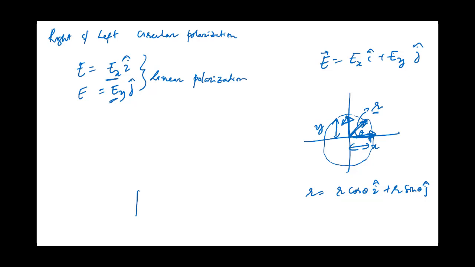And as the particle is going around in a circle, the net x component and the net y component change, they go up and down, right? So for example, if you start at time t is equal to 0 on the x-axis, entire r is along x-axis and nothing along y to begin with.